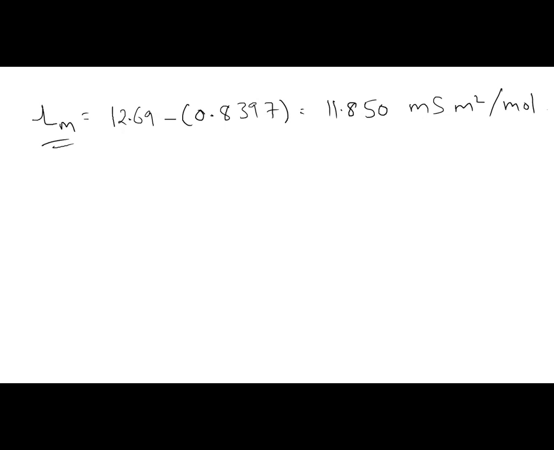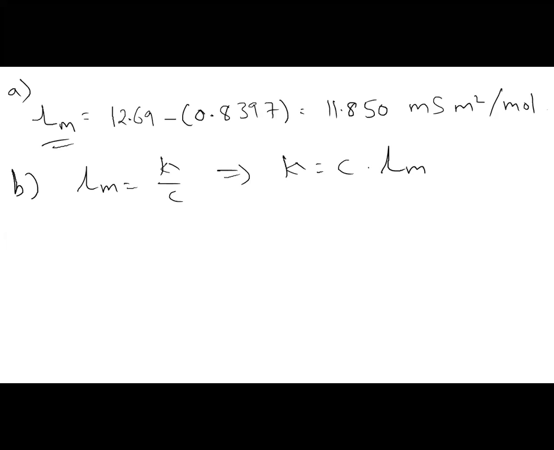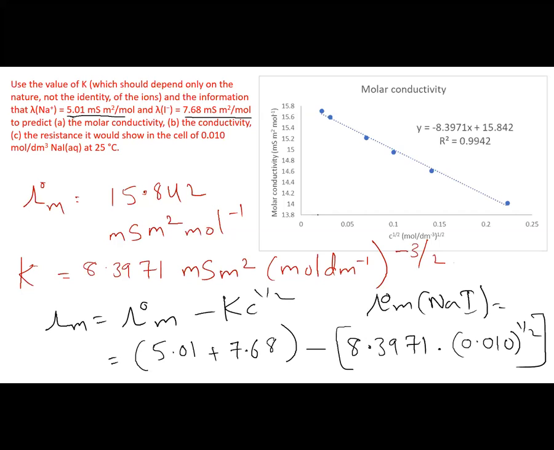So this is part A. The second question asks for conductivity. So we know lambda M is equal to kappa over C, and kappa is equal to C times lambda M. We are given in the previous slide that the concentration is 0.010 mole per dm cube.